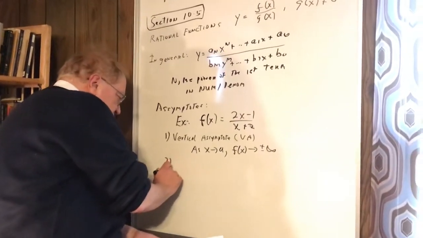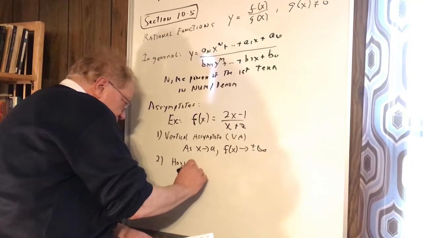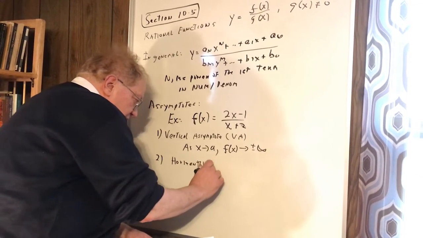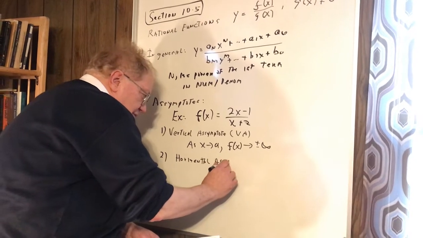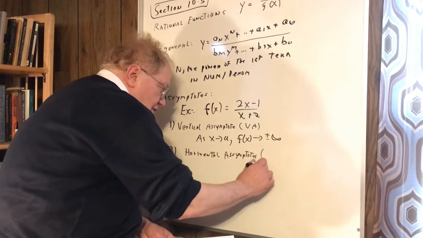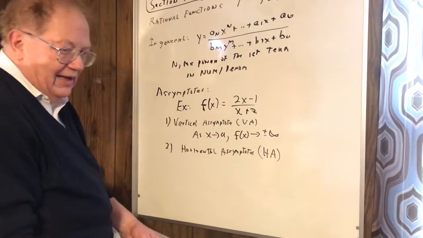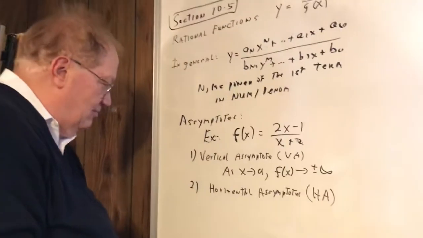Horizontal asymptotes, and I'm only going to write this once, I'm going to call that HA. Ha ha to you, because this is the hardest one to find.